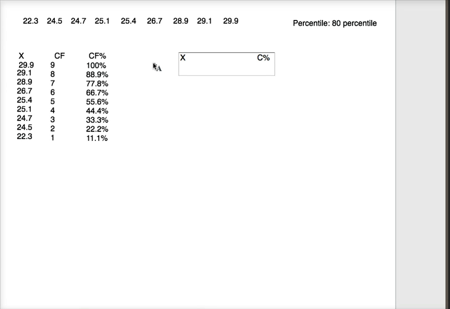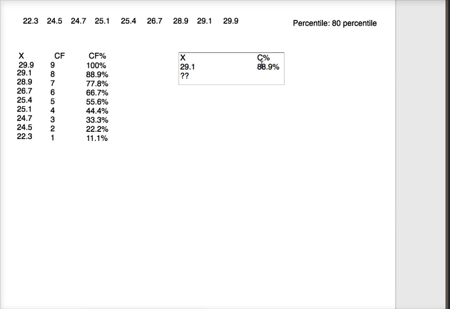So we are looking for the number that corresponds with the upper and the lower limits that we see here. We know that 29.1 is there, and the percentage associated with that is this 88.9%. We don't know what the value is. That's really what we're trying to find.